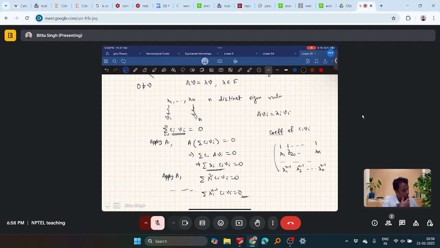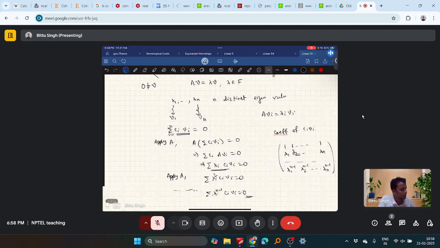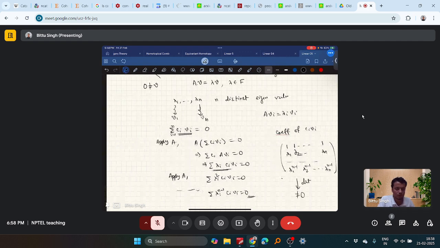Now we can see that the determinant of this matrix is non-zero, because this is actually a Vandermonde matrix, and you should be able to prove that its determinant looks like a product of lambda i minus lambda j. But here it is given that lambda i and lambda j are pairwise distinct.